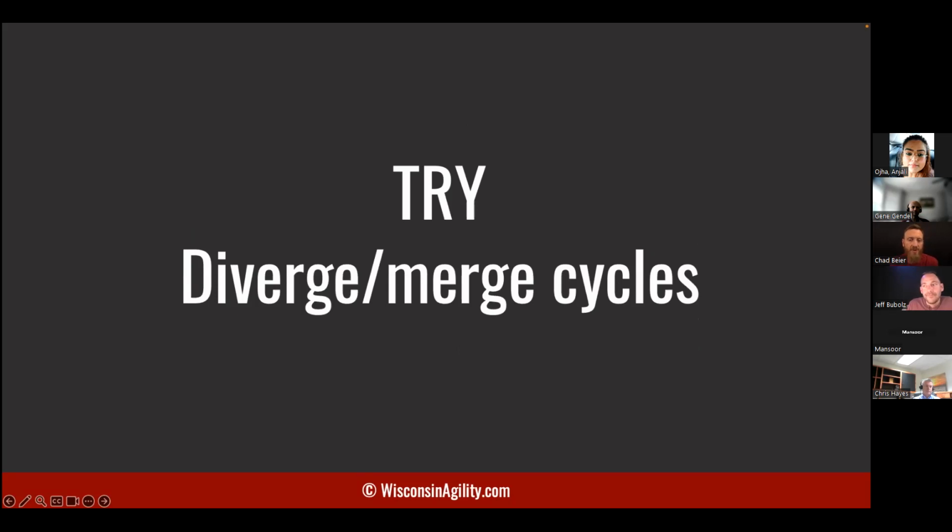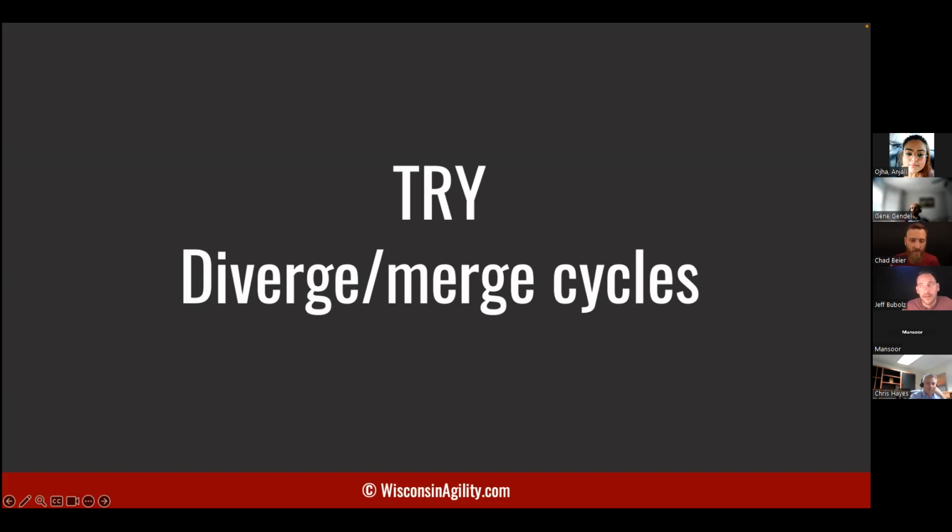So instead, you can use diverge-merge cycles, right? This is very similar to any LeSS guidance you get if you are in a scaling situation. You break apart, work in a workshop format, add details and refine the item, and then come back together potentially. Or maybe you can do a carousel where you just move around the room and you're transferring the knowledge around. Again, anything you can do with a large group of people to facilitate in a way where everyone is engaged, but then we come back together and sync.